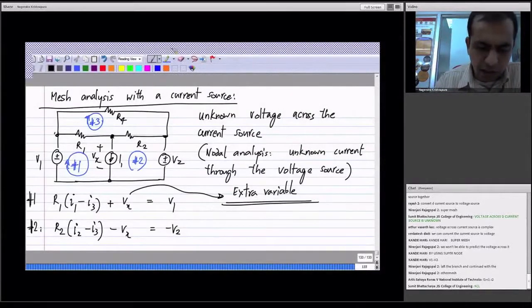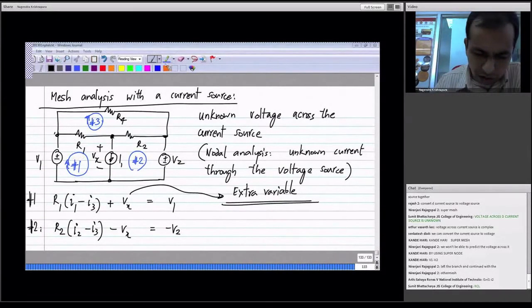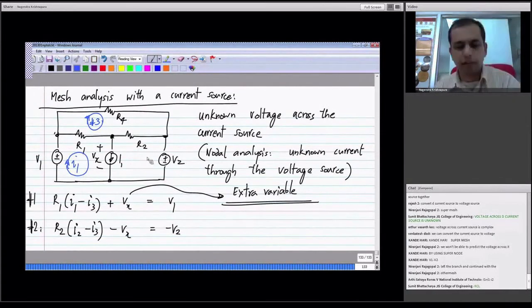So let me call this like I did before. This current I will call I1, and this current I will call I2. Let me just change this to I0, just so that I don't have two I1s in the circuit.